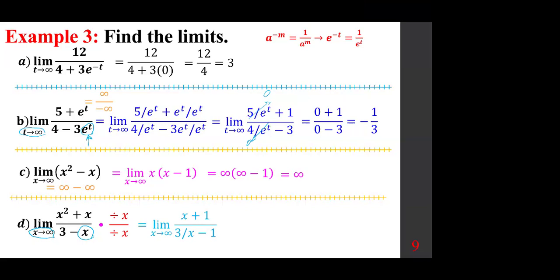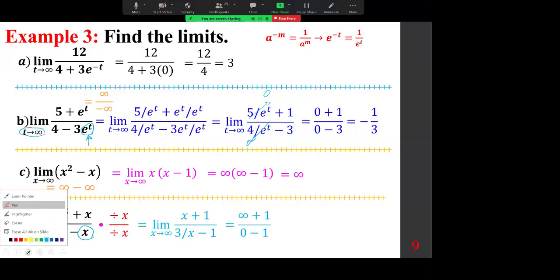Now x is approaching infinity, so the numerator is infinity plus 1, the bottom is 0 minus 1. Here's what you want to be very careful of. You're dividing by a negative. Doesn't matter, negative 1 or negative 10. The result is negative infinity. So this is the one you want to be careful of.